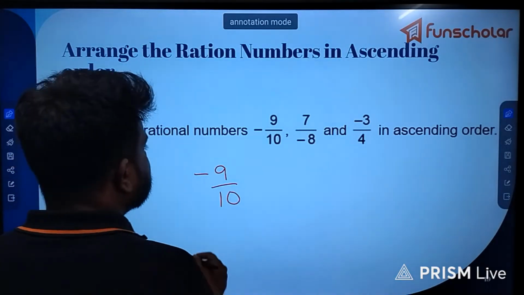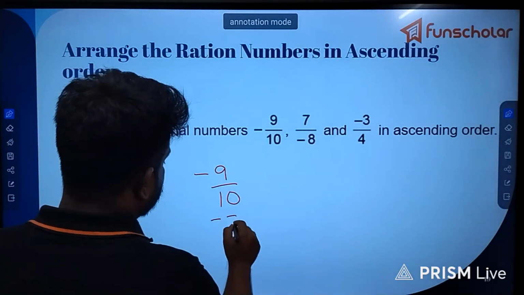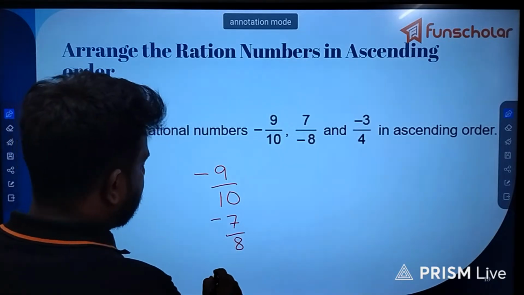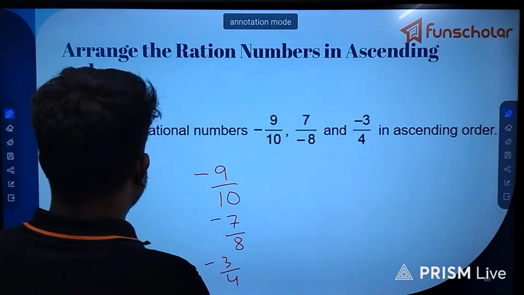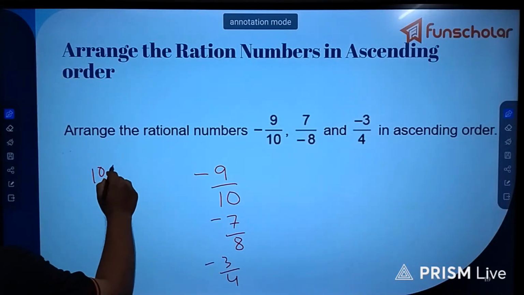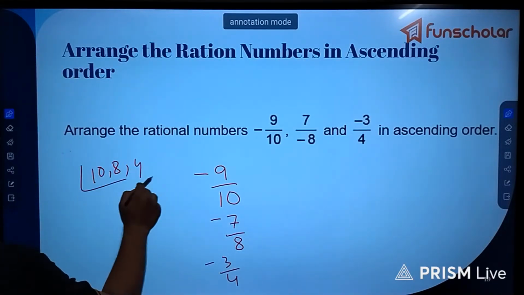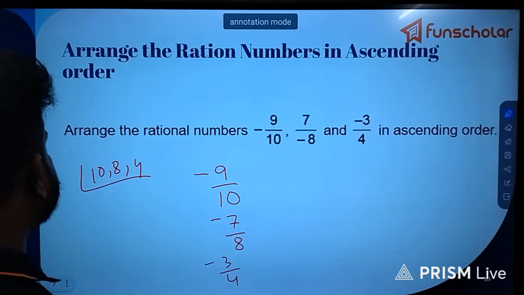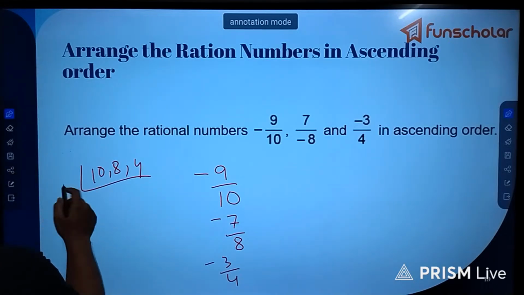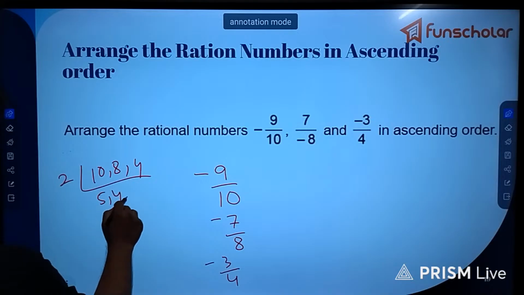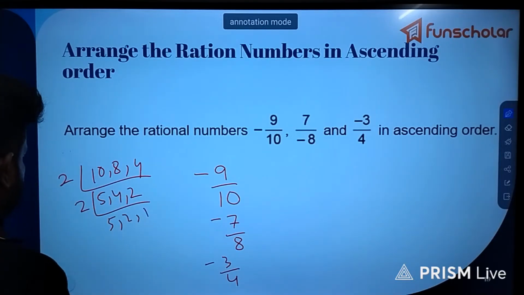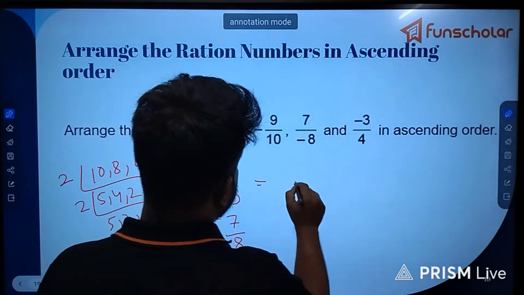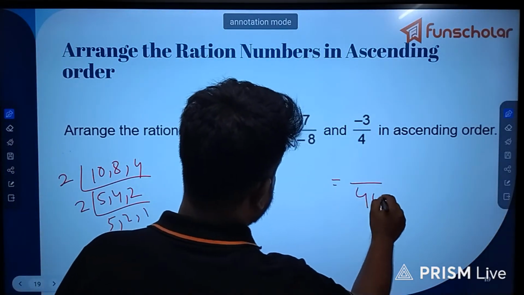So it will be minus 9 by 10, minus 7 by 8, and minus 3 by 4. For these cases, we have to take all the denominators and find the LCM. So the LCM of 10, 8 and 4 will be maybe 40. Yes, 40 is the LCM of all of them.